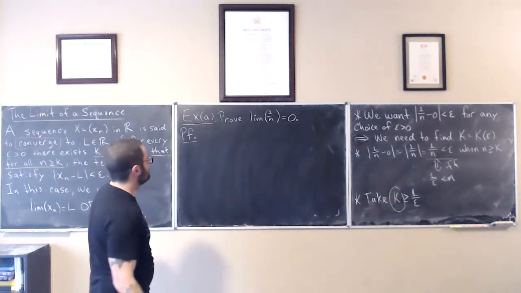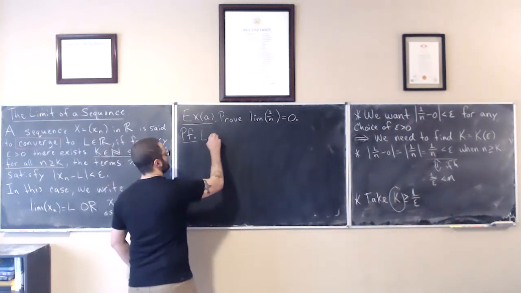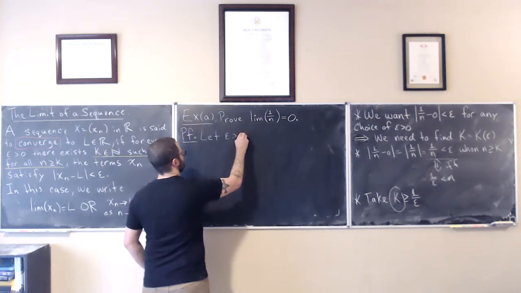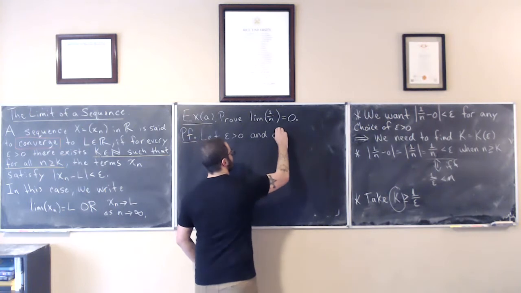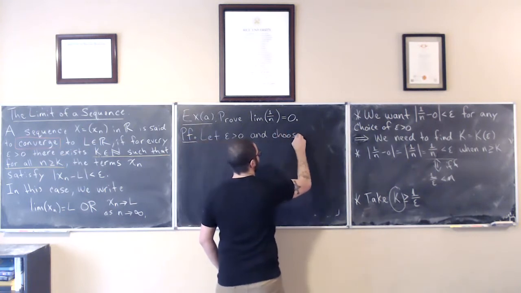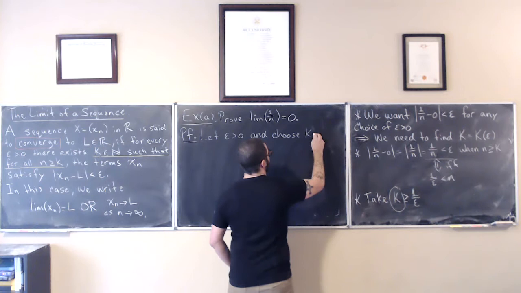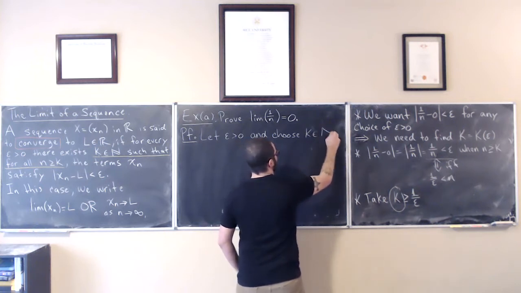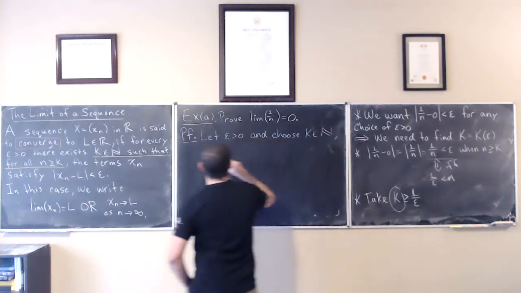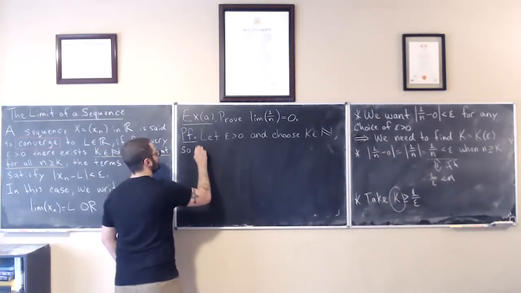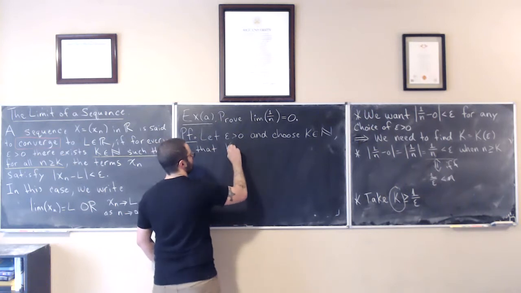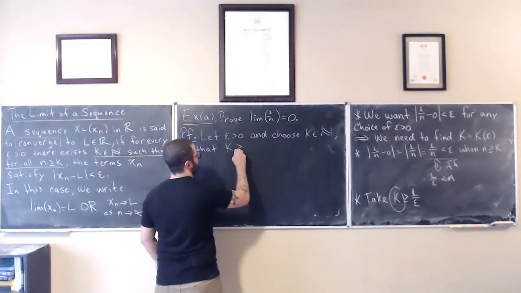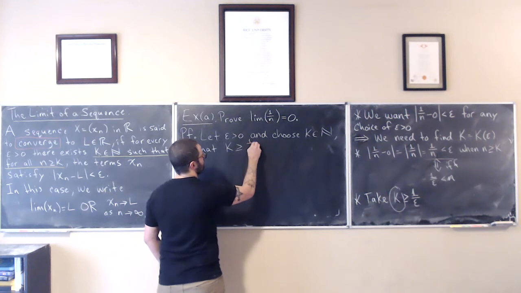Okay, so we just say let epsilon be greater than 0 and choose k, which is some natural number, so that k is greater than or equal to 1 over epsilon.